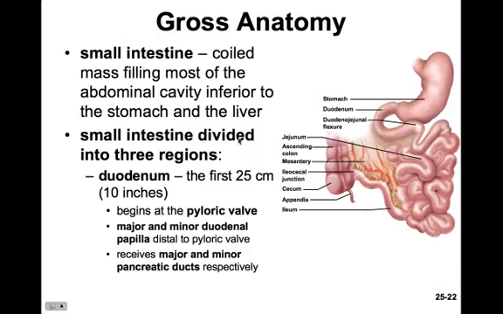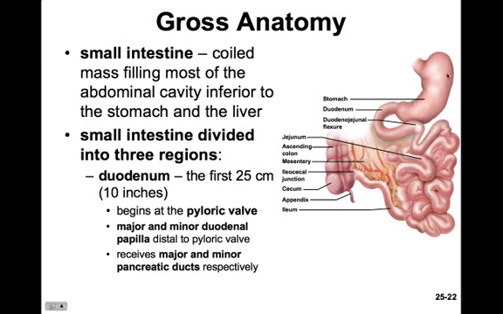So the small intestine is divided into 3 regions: the duodenum, the jejunum, and the ileum. The duodenum, duoden meaning 12, which referred at the time to about 12 fingers of length, which is about 10 inches, begins at the pyloric valve.